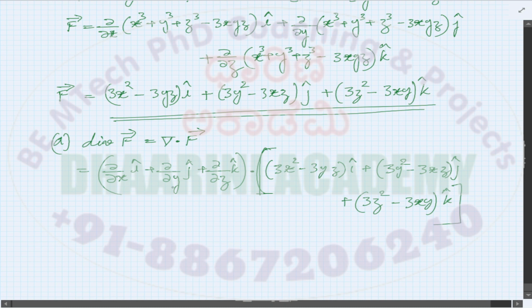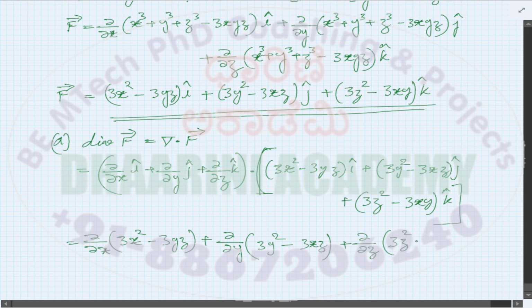Now only the terms containing i with i, j with j, and k with k can be multiplied. So this is dou by dou x of 3x square minus 3yz, plus dou by dou y of 3y square minus 3xz, plus dou by dou z of 3z square minus 3xy.